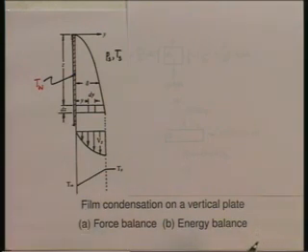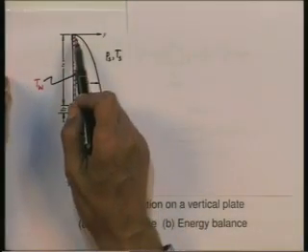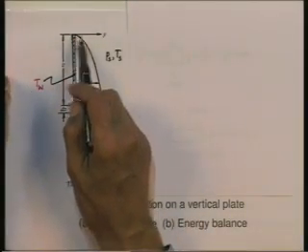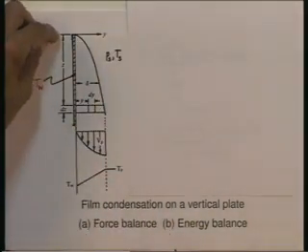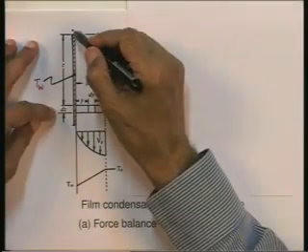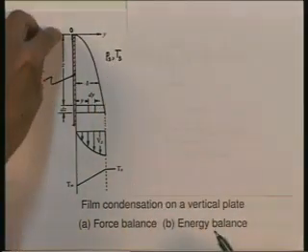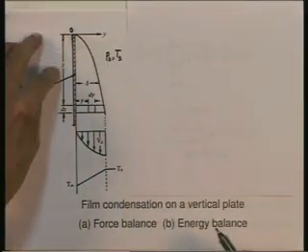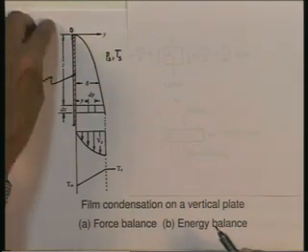The coordinate system we will adopt is y, z. Y is the direction at right angles to this vertical plate. Z is the direction along the plate, and the origin is right here at the top. So, Z is measured from the top of the plate, positive in the downward direction.